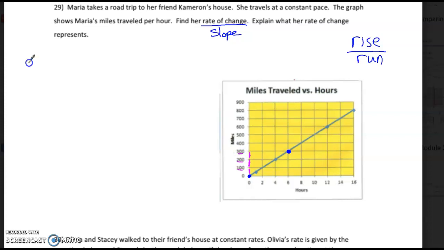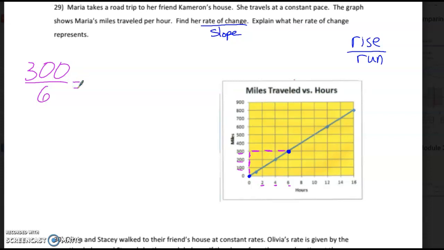So my rise is really 300, and then the run, I'm counting over 1, 2, 3 physical spaces, but again, looking at my unit, 2, 4, 6. So it's 2, 4, 6 is the run.